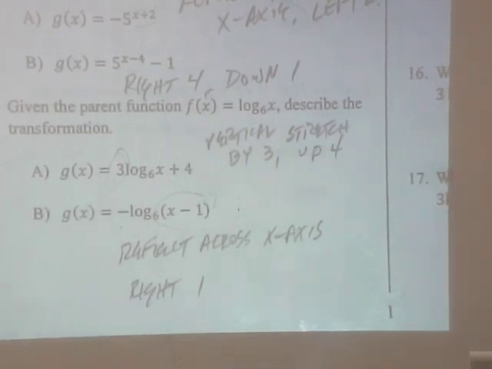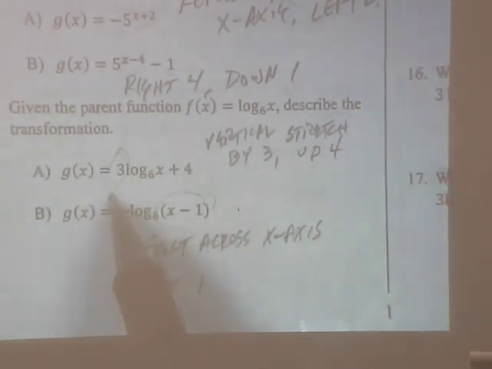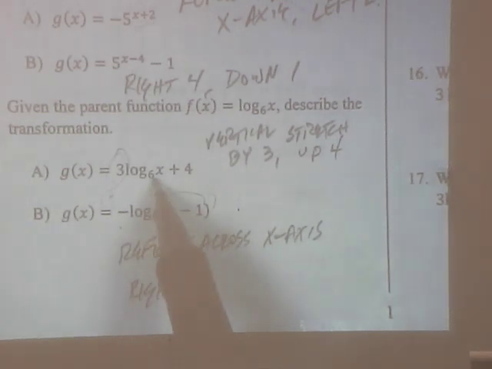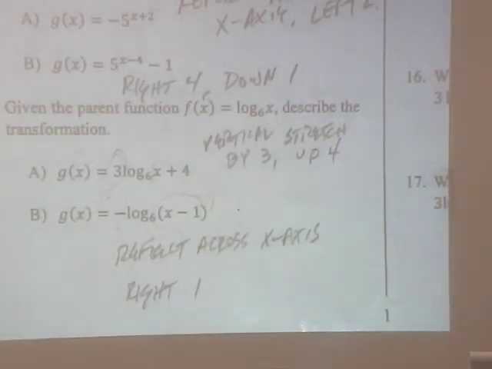For A, the 3, how did you know it was a vertical stretch and not the other one? What's the other one? Horizontal stretch? If it's in the front, it's vertical. If they had put it right in front of the x, that'd be horizontal. Does it matter that it's log 6?